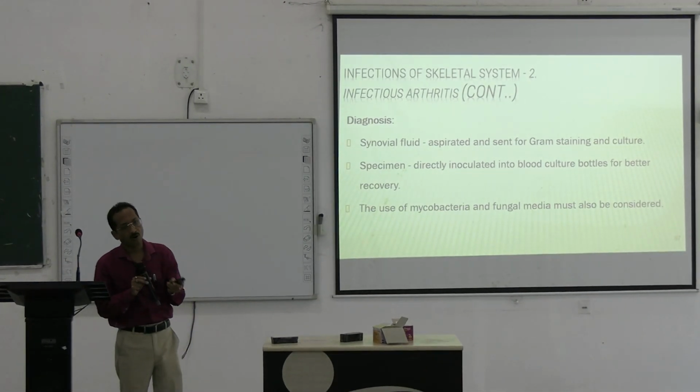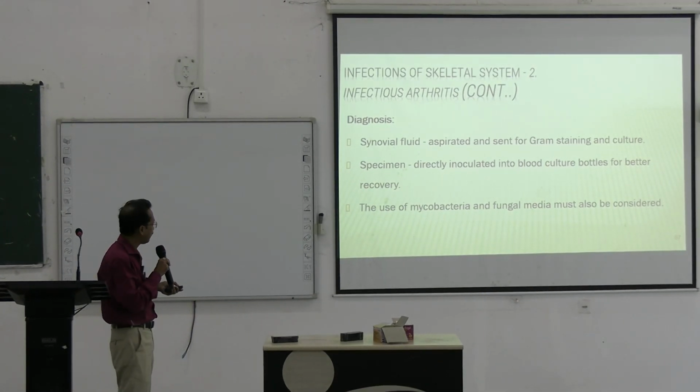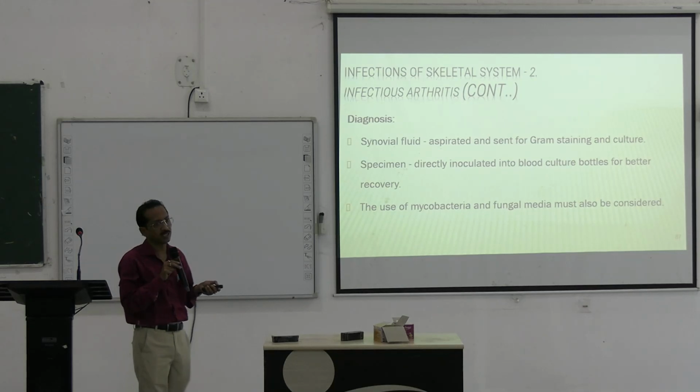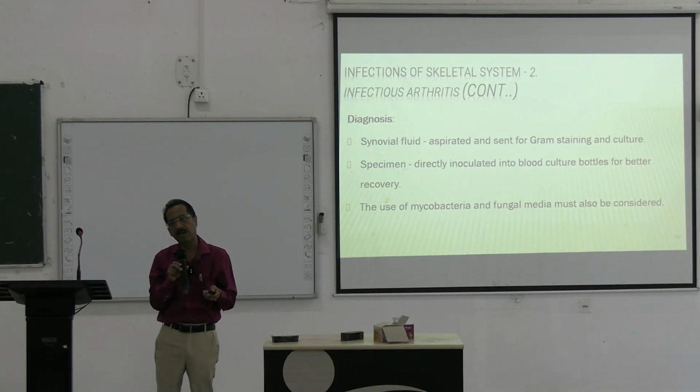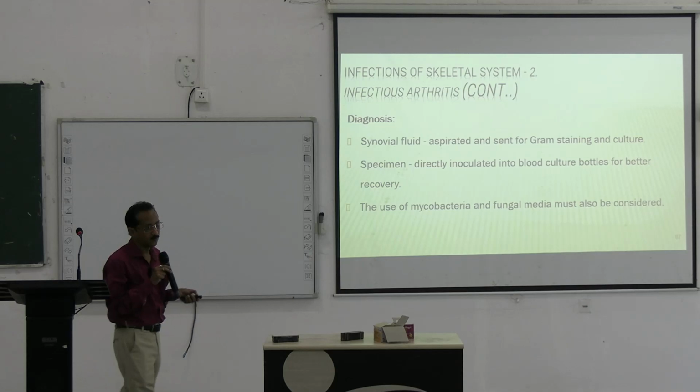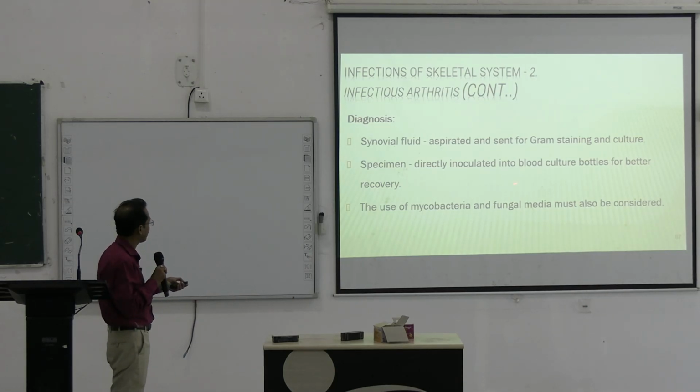So all the sterile fluid, when you are writing any answer on sterile fluid, should be sent directly inoculated into blood culture bottle for better recovery. This applies to any sterile fluid, not only synovial fluid, like blood culture, or other sterile fluid from anywhere, like pleural fluid or ascitic fluid, you use this term that we are putting for multiplication. Blood culture bottle.